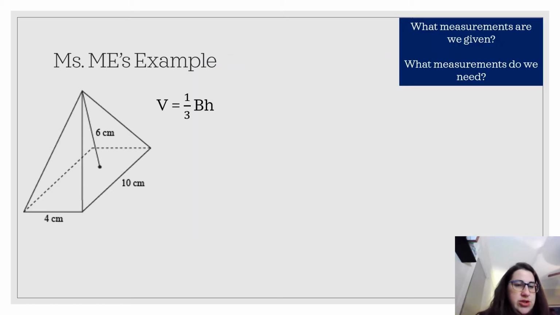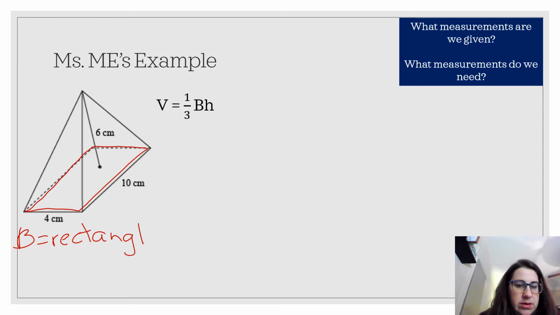Okay, so let's do an example. In this case, the base of the pyramid is a rectangle. So I'm looking at this right here. So I know that my base is a rectangle. So my area is going to be length times width.